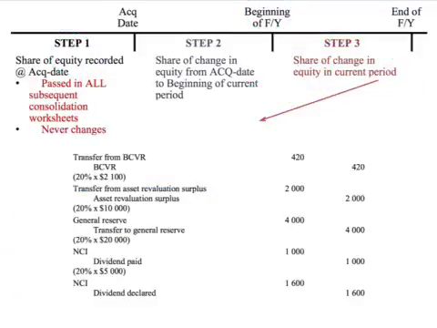Because with the NCI adjustments we follow the timing of the transaction, we also have to record here the transfer from BCVR to retained earnings relating to the machinery that was sold during the year. Now remember, the parent share is dealt with in the pre-acquisition entries.